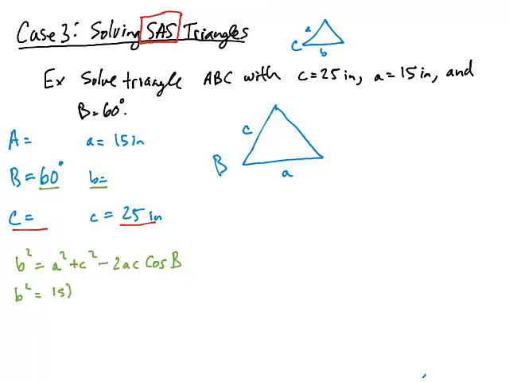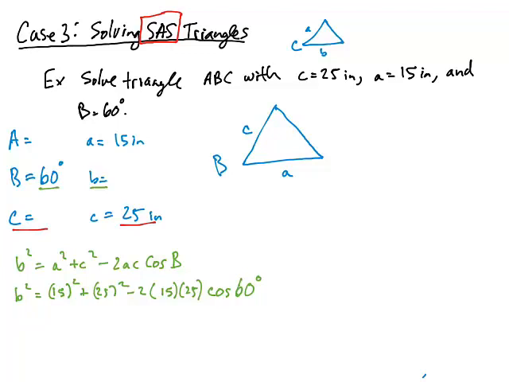A squared is 15 squared plus 25 squared minus 2 times 15 times 25 times cosine of 60 degrees. And again, remember to use degree mode for your calculator.